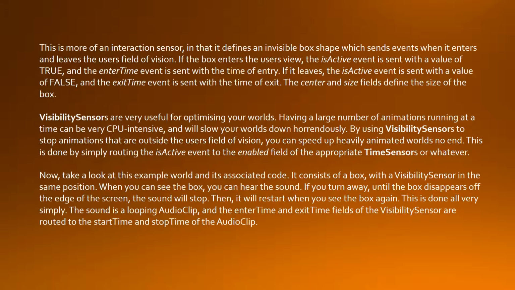When the statue is visible to the user, only then can you hear the sound. When the statue is not visible, meaning when it is disappearing, you will not hear the sound. So these are the entry and exit fields which are controlling the sound.